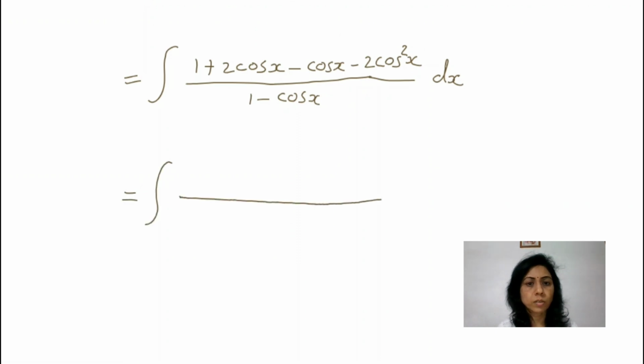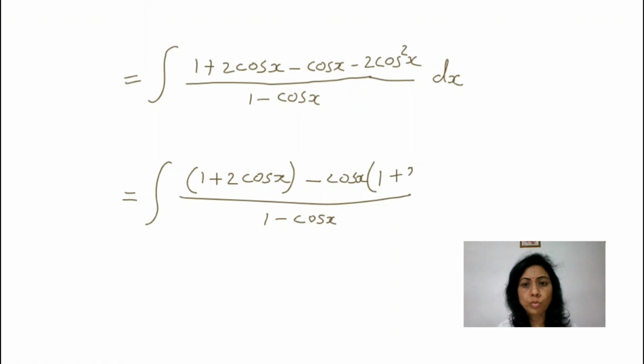Integration, denominator 1 minus cos x, and we can write in the bracket 1 plus 2 cos x minus, from here we can take common minus cos x, so here left 1, here left plus 2 cos x, dx.